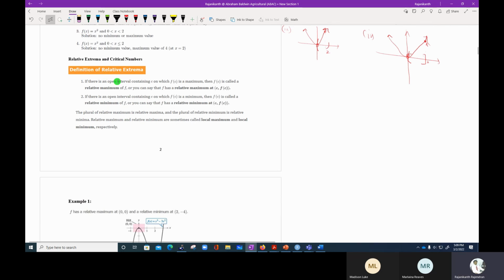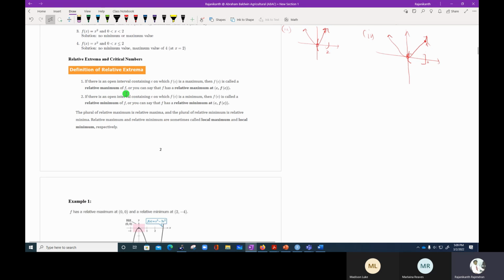Now another definition, relative extrema. If you could find an open interval containing a point c where the function is maximum at that point, then we call f of c a relative maximum.